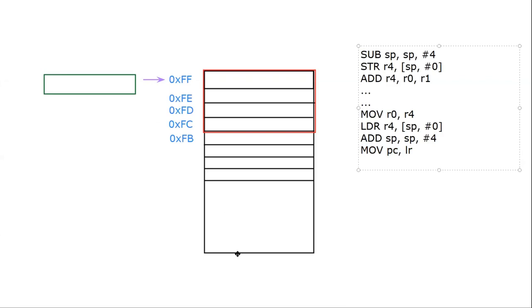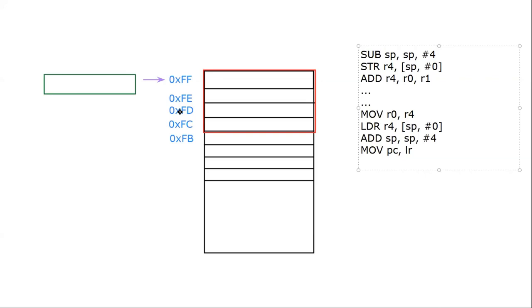The real need of using the stack will be clear when you do the real complex examples. If you want to store multiple values in the stack, you need to create space so that you are able to store all those values. For example, in the example we talked about a while ago, it wanted to use R4, R5, R6, all these registers inside the function.